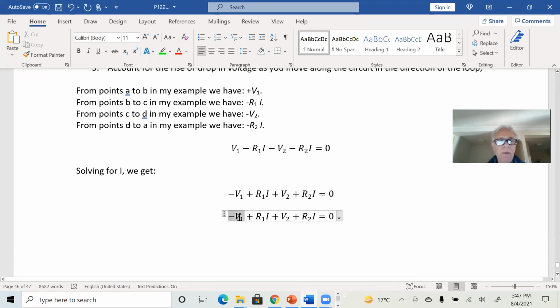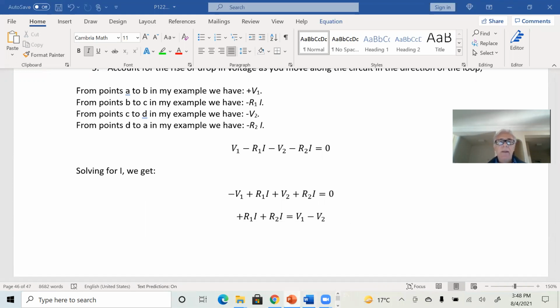We can pass V1 and V2 to the other side now, and we invert their signs. We get this difference, V1 minus V2. Why is that?